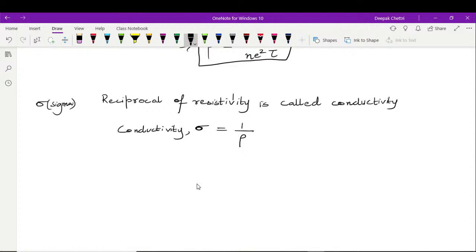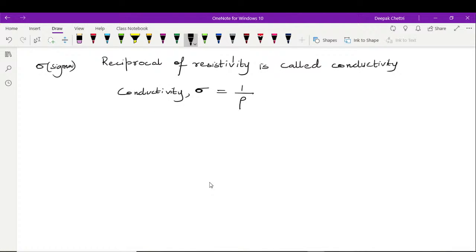Okay, so now expressions for J. Just now we got J, right? If you remember, J is equal to n e times vd. This is your expression for J. What is J? Current density.